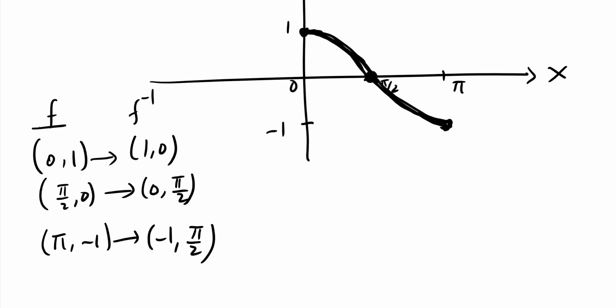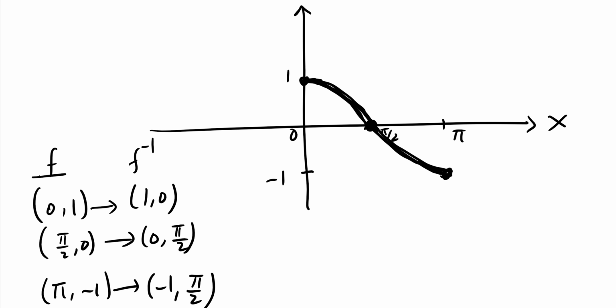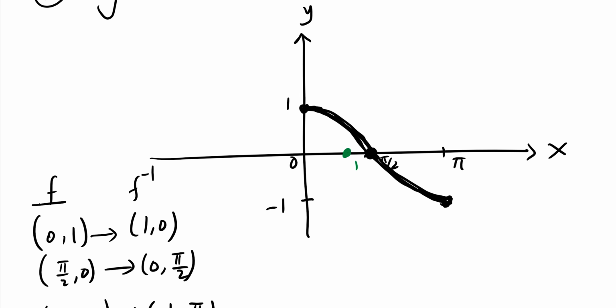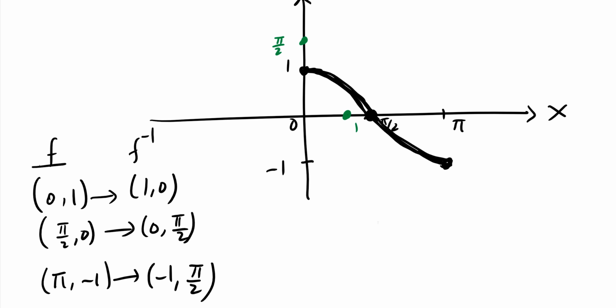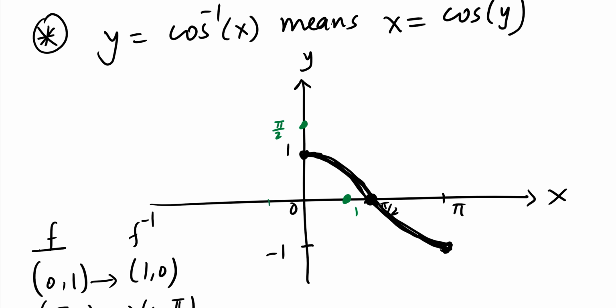So let's see what we get. 0, 1 becomes 1, 0, so it's going to become somewhere here. Pi/2, 0 becomes 0, pi/2, so that's going to go somewhere here. Pi, -1 becomes -1, pi, so we need to extend this a little bit higher.